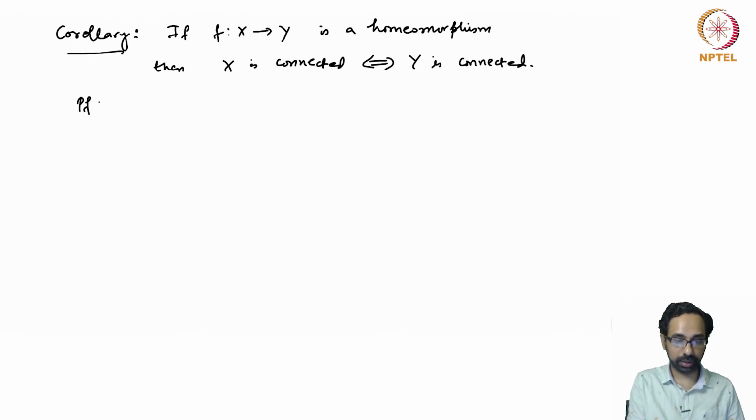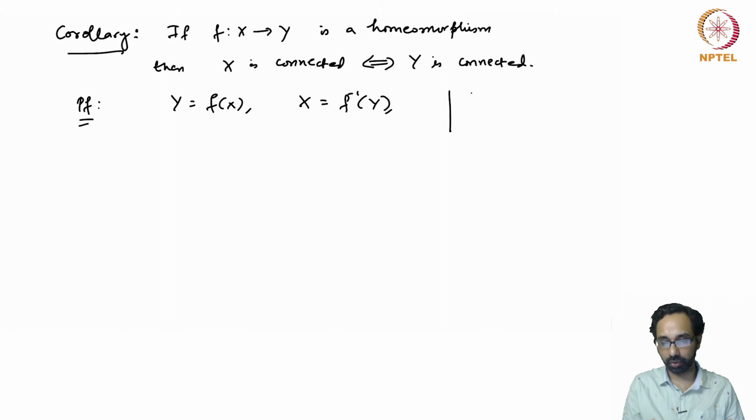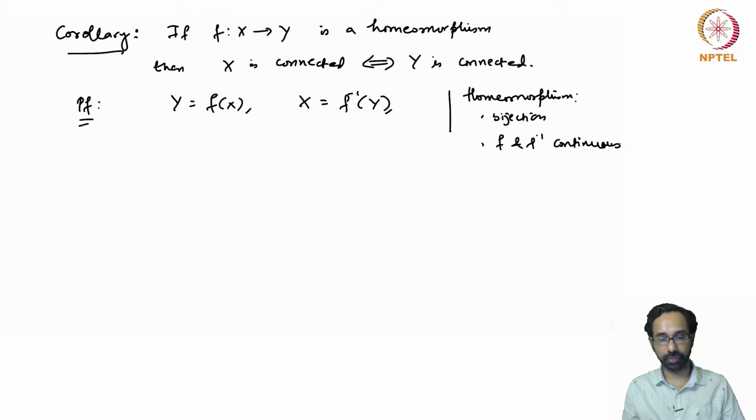And the proof is very easy. This is because Y equals f(X) and X equals f inverse of Y. Remember that a homeomorphism is a bijection, with both f and f inverse being continuous functions.